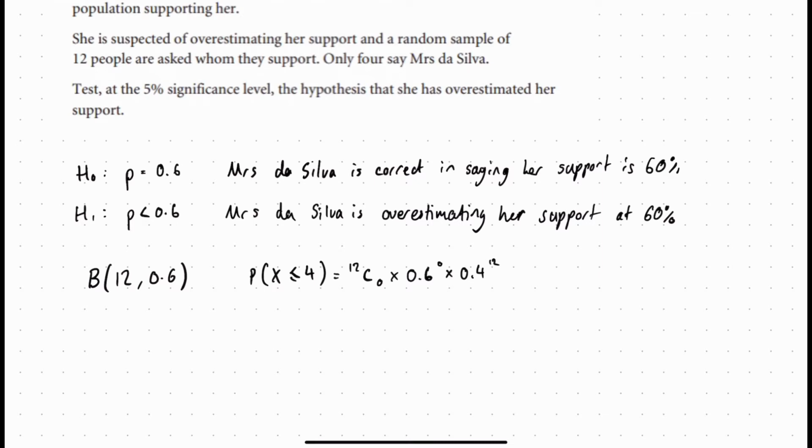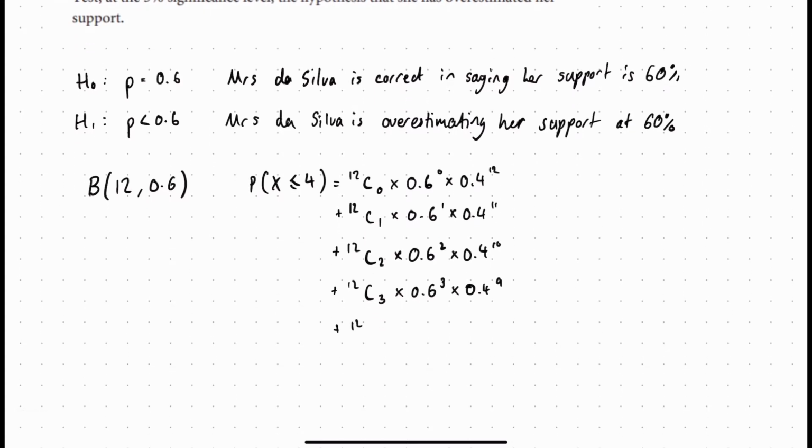And then you're going to add to that 12 choose 1, so that's one person supporting her. 0.6 to the power 1 times 0.4 to the power 11, plus 2 people supporting her. 0.6 squared times 0.4 to the power 10, plus 3 people supporting her. And lastly, 4 people supporting her, because it's inclusive, because 4 people said they did, so that's the equivalent of 0, 1, 2, 3, 4 supporting her.